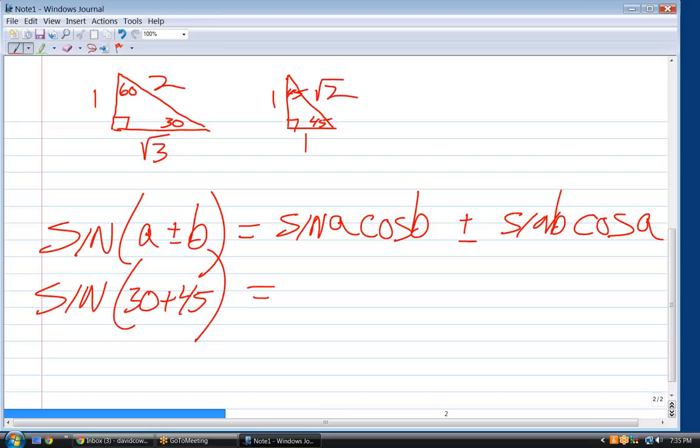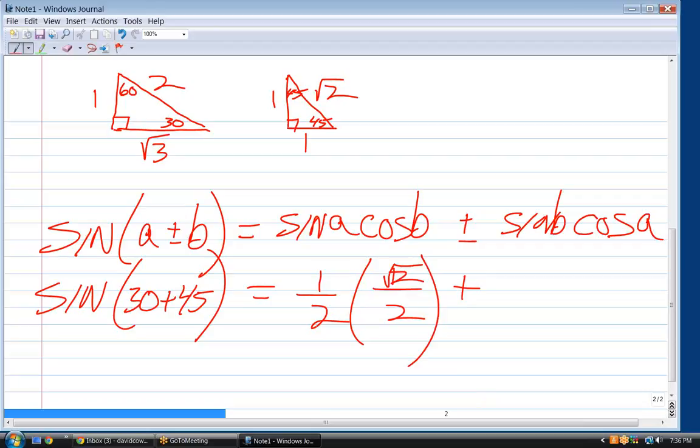Okay? Sine of 30 is what? 1/2. Cosine of 45 is what? 1/√2, so √2/2. Yeah, and we can worry about rationalizing it later, but √2/2 actually works better because I've got 2's in the bottom there.